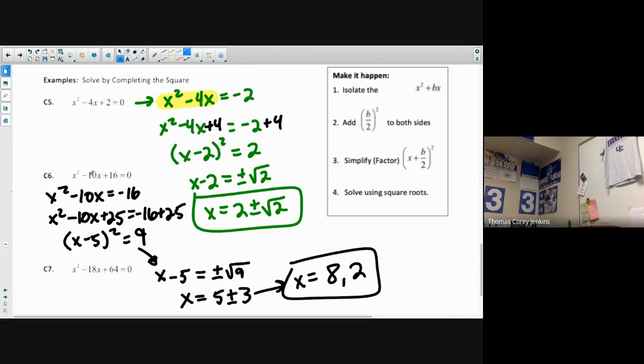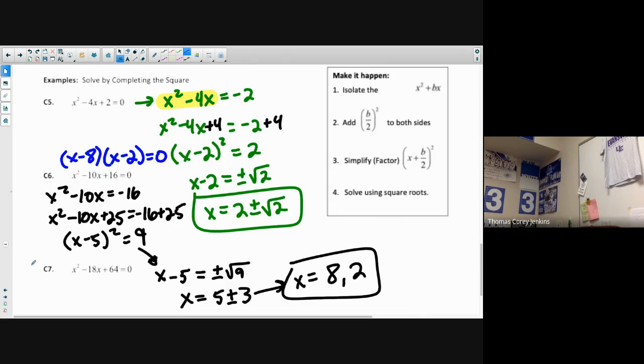So you might see this and think, okay, what's going to add to give me -10, multiply to give me +16. That'd be -8, -2. So really, that would have been the easiest way to solve it, to get 8 and 2, which is not what we're working on. So we solved by completing the square.